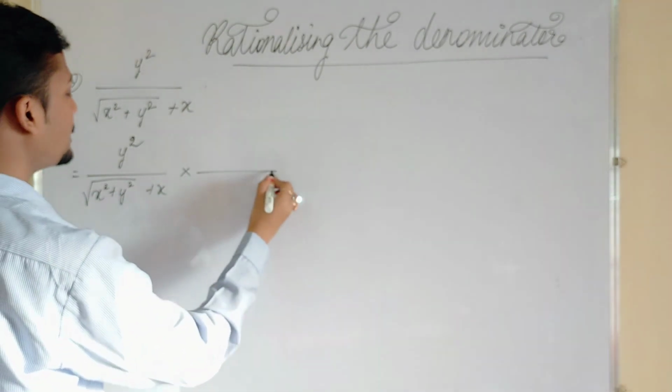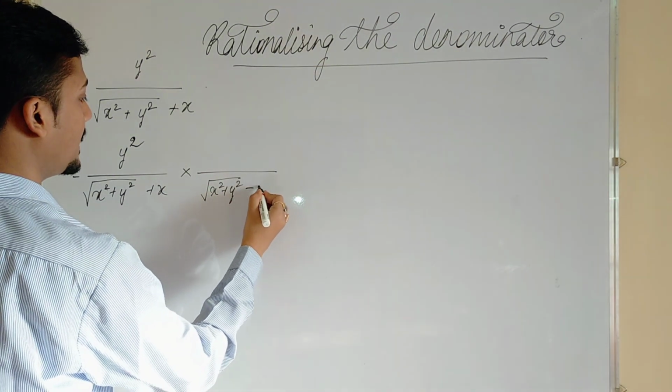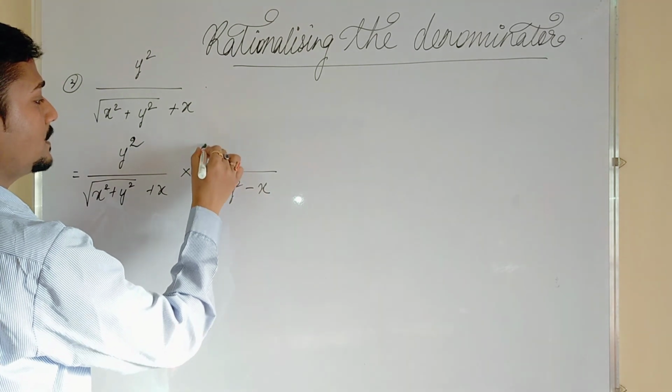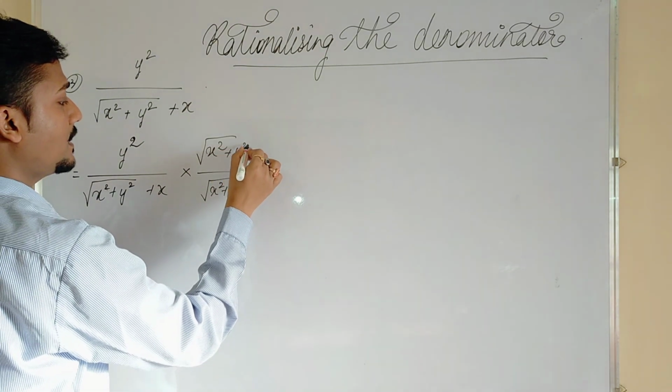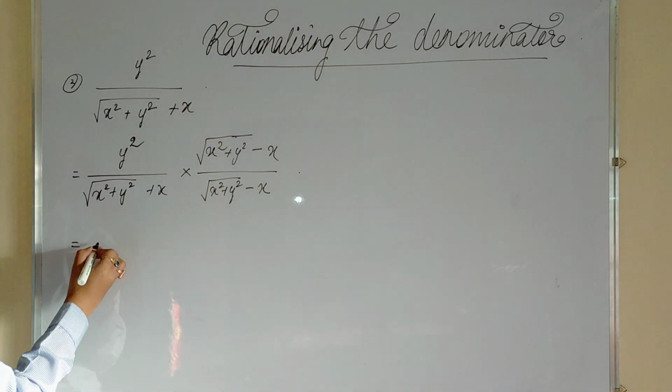With what will I multiply? I will multiply with x square plus y square minus x. Isn't it? Here I will multiply with the same number, x square plus y square minus x. Okay.